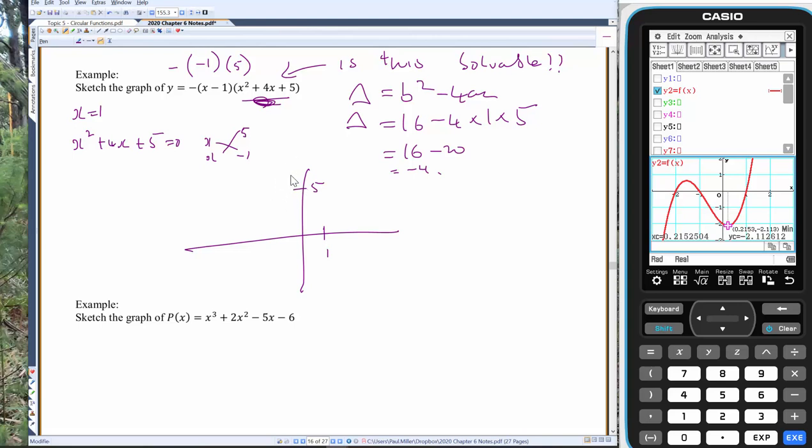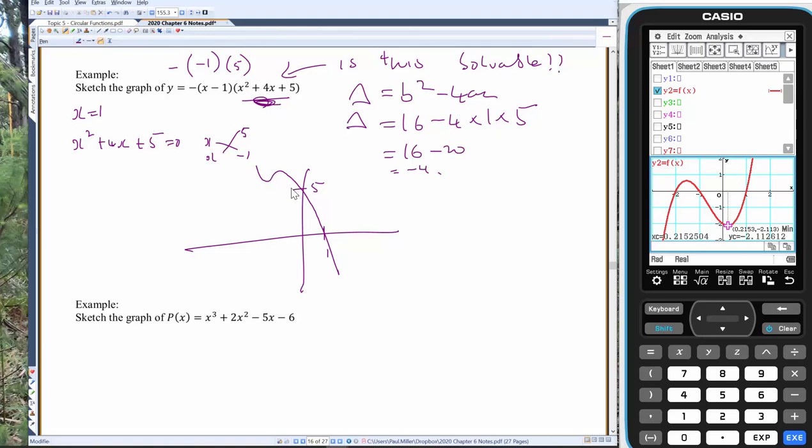So this is what could happen. The function comes through like this and does that. That's one option. It could do this as well. That's another option there.